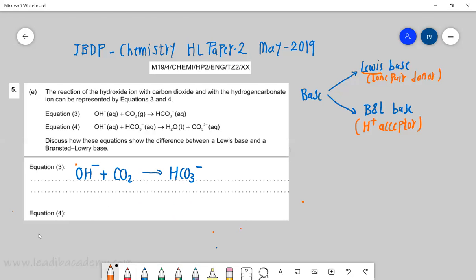Please remember that in OH⁻, oxygen will have lone pairs. Because oxygen has these lone pairs, it is going to give them to CO2, helping CO2 to form this. That is how we can think of it. So there is a gifting, which means it is the Lewis base.